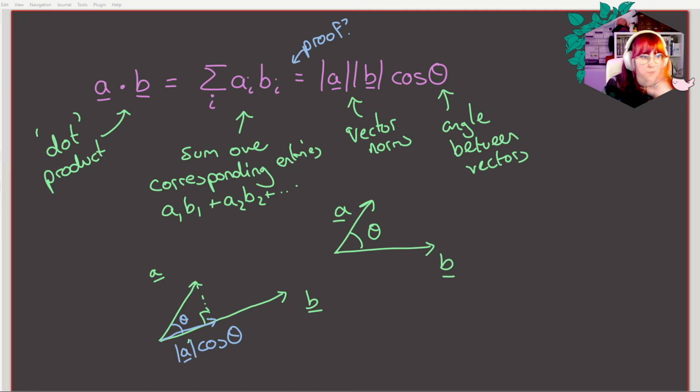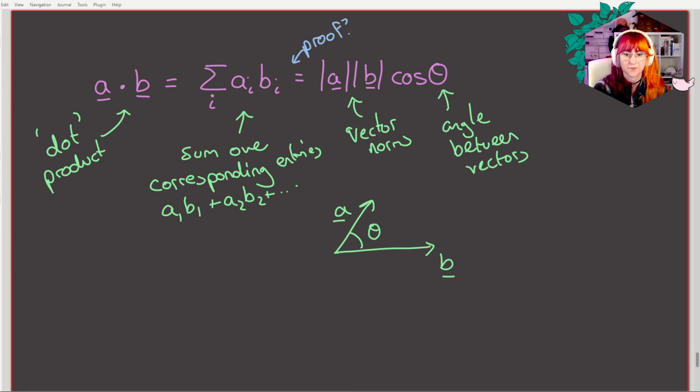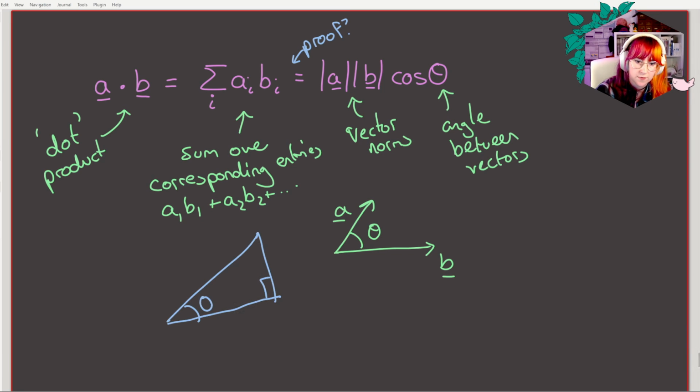So you take the projection of one onto the other, and the angle between them gives you the distance. You can take it as a triangle. This is theta. This has side length A. That has side length A cos theta in the direction of B, which is parallel.